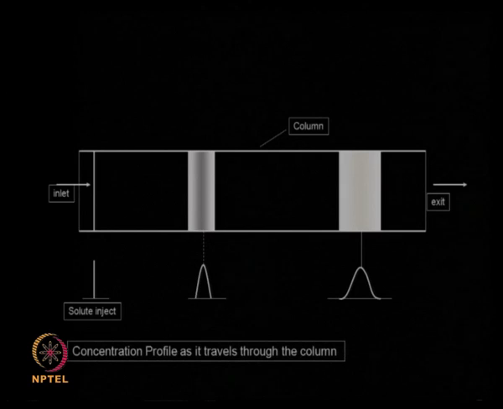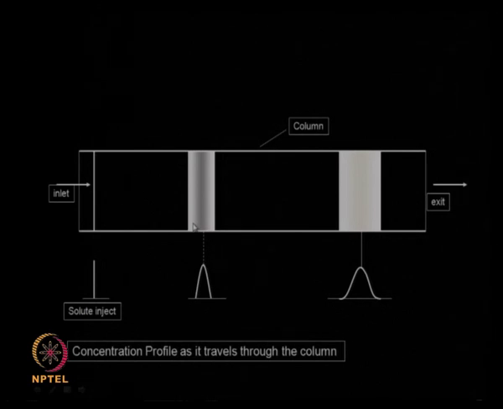So typically the chromatography consists of a long column, could be extremely long, even 100 feet for example, which is packed, and then you inject the solute. The solute is injected at the inlet. The solute keeps travelling because of the interaction of the solute with the stationary phase components.